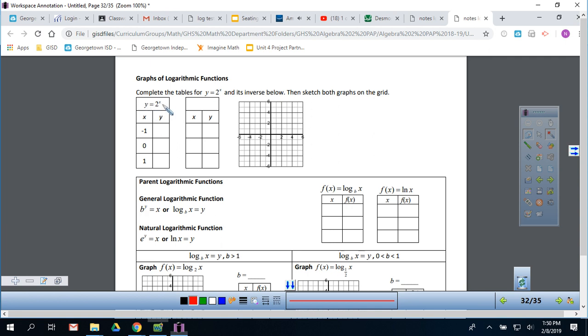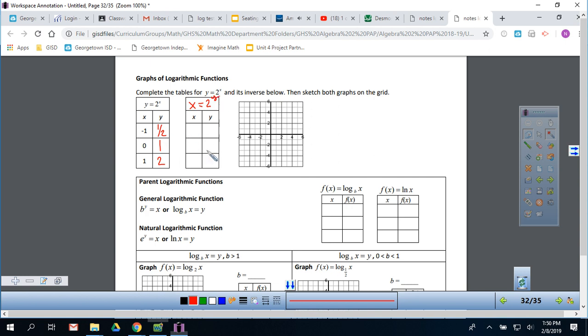Alright, so let's do this column. We have y equals 2 to the x. So when x is negative 1, what do we have? 1. What's 2 to the negative 1? 1/2. 2 to the 0? 1. And then 2 to the 1 power? 2. Now, what's special about inverses? If I flip the x and y, what am I doing with my columns?